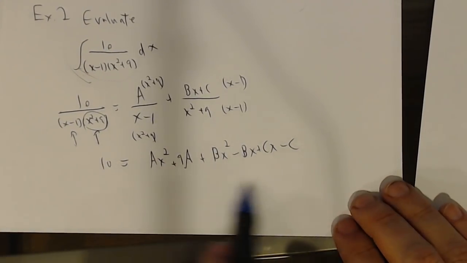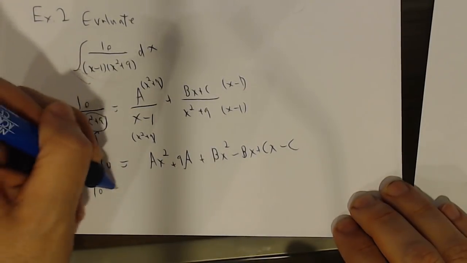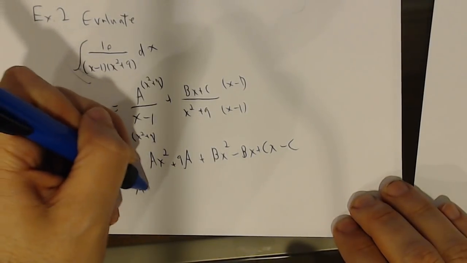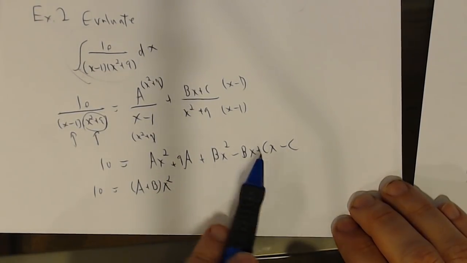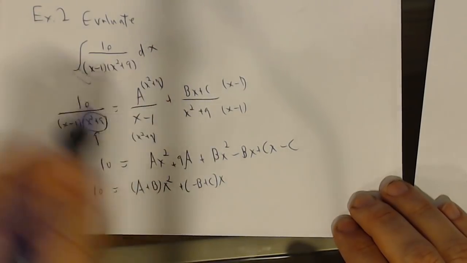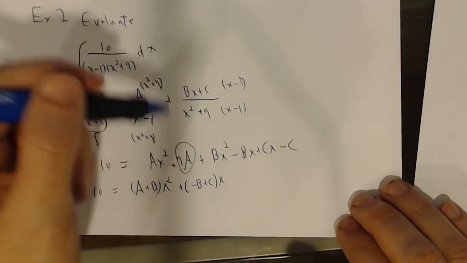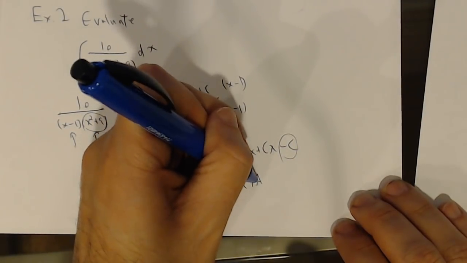Now I'm going to group all the like variables, the x squareds. So 10 equals (a + b)x², and then how about my x's? Plus (−b + c)x. And then my constants are what? 9a − c, so plus 9a − c.